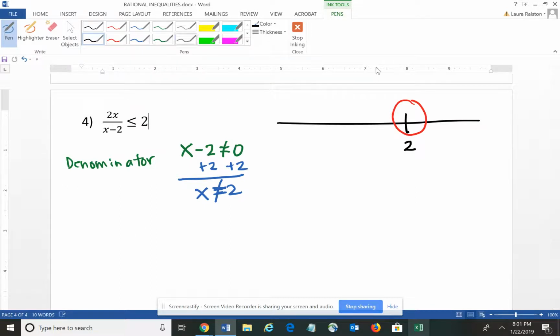So then I'm going to solve the inequality 2x over x minus 2 less than or equal to 2 for x by multiplying both sides by x minus 2.